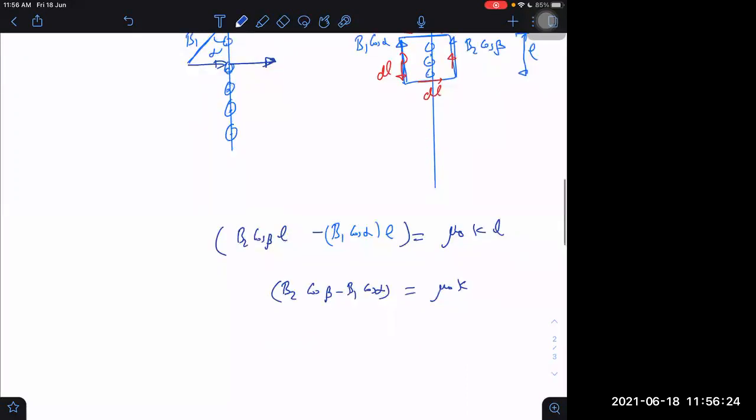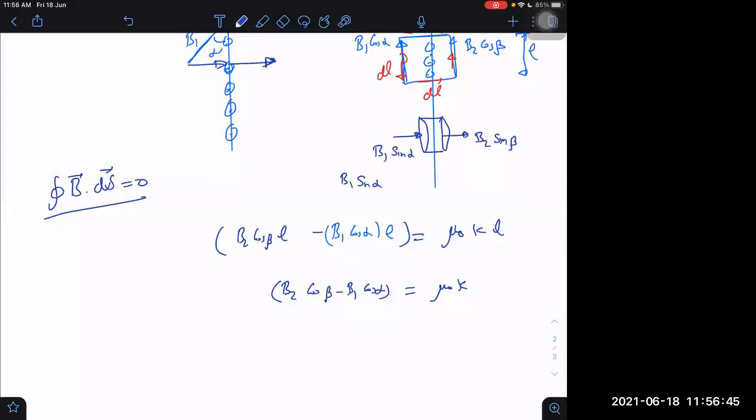I can use this law, Gauss law of magnetic field. Gauss law of magnetic field says that the integral of B dot ds around any closed surface should always be equal to 0. So if the entering field is B1 sine alpha, exiting field is B2 sine beta, then by the Gauss law I will be getting B1 sine alpha into area minus B2 sine beta into area. Entering is negative, exiting is positive.